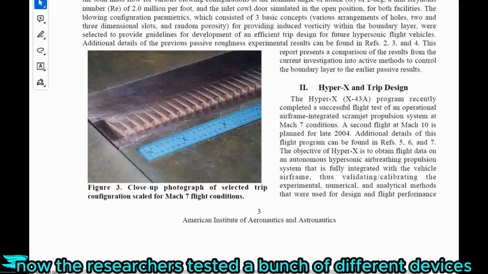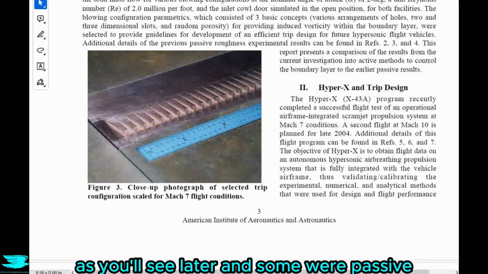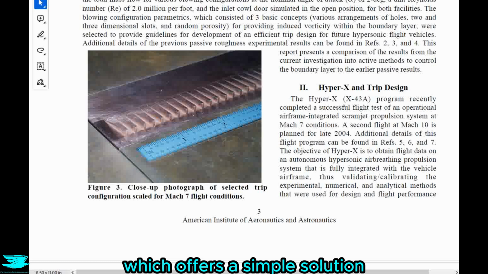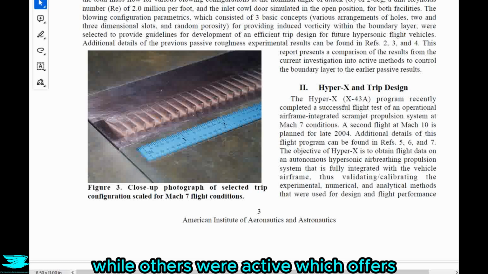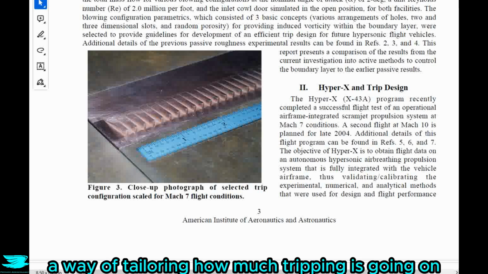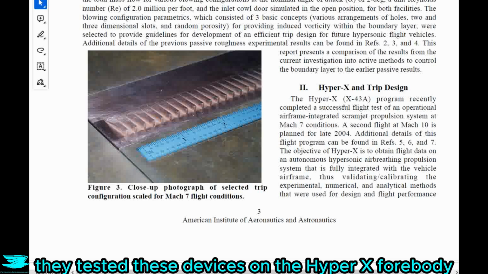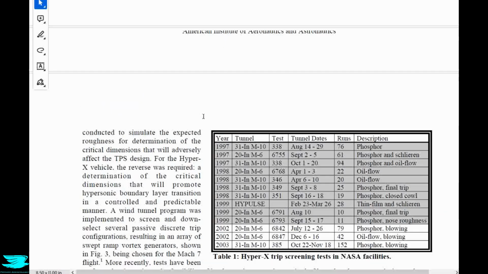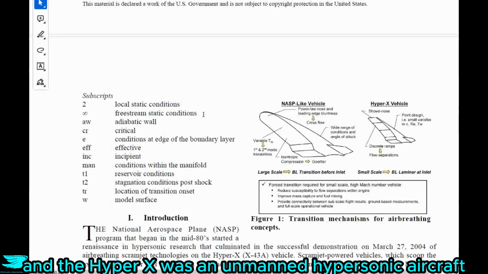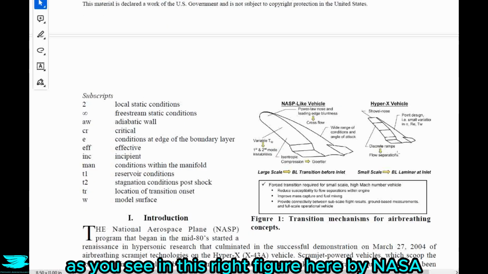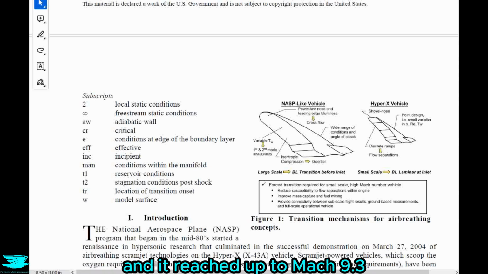Now, the researchers tested a bunch of different devices, as we'll see later, and some were passive, which offers a simple solution, while others were active, which offers a way of tailoring how much tripping is going on, so you get enough for the situation you're in. They tested these devices on the HyperX forebody, and the HyperX was an unmanned hypersonic aircraft, as you see in this right figure here, by NASA, and it reached up to Mach 9.3.